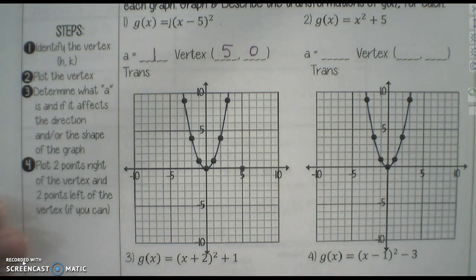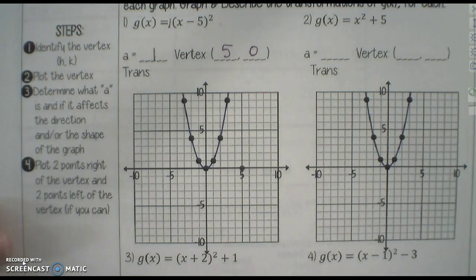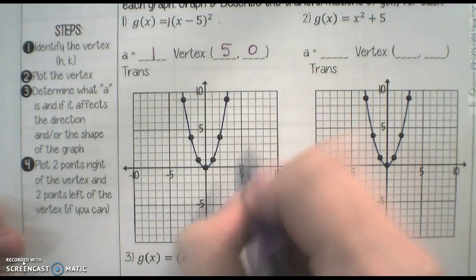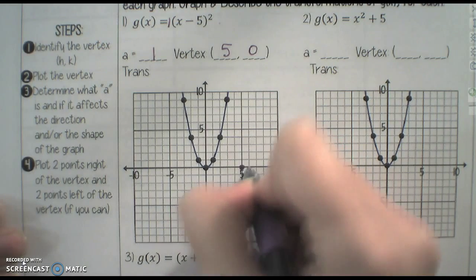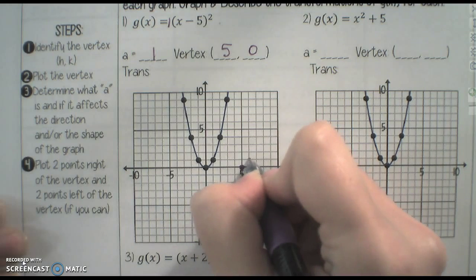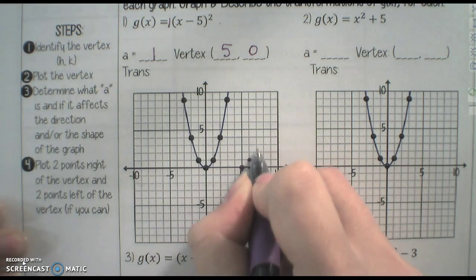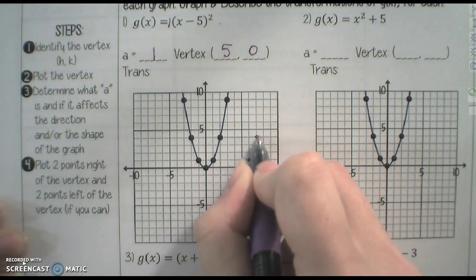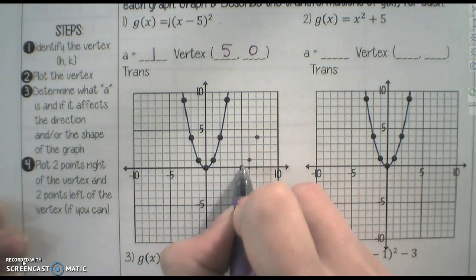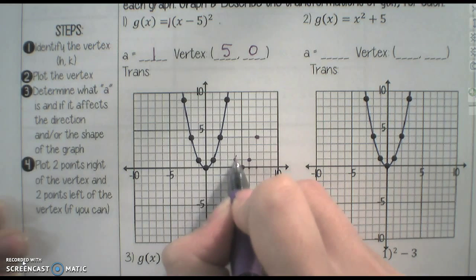So we're going to plot the 2 points to the right of the vertex and the 2 points to the left, if possible. So remember, when we go over 1, 1 squared is 1. When we go over 2, 2 squared is 4, so we should go up 4. So again, to the left, 1 means we go up 1.